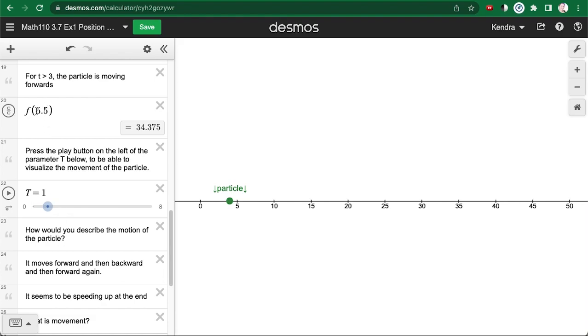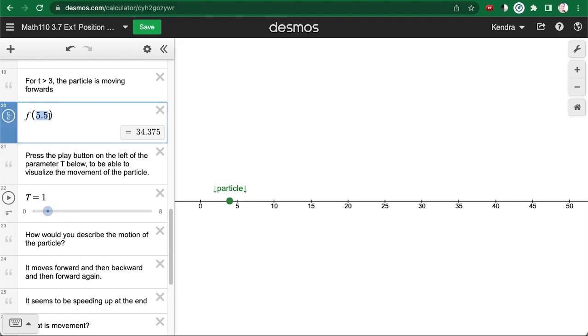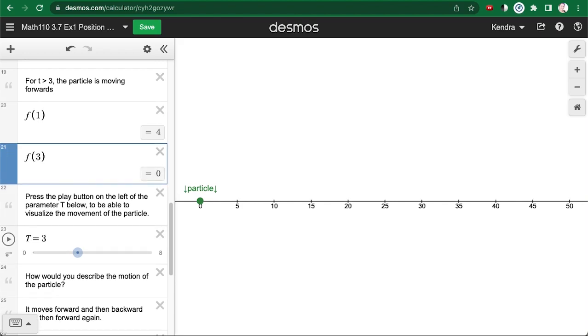So we could ask, what is f of 1? Okay, and f of 1 is 4. So that means it moves forward to the 4 meter mark. And then at t equals 3, it looks like it moves to the 0 mark. Let's see. f of 3, that's 0.